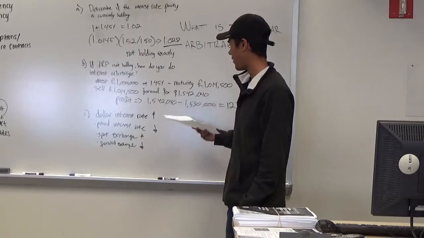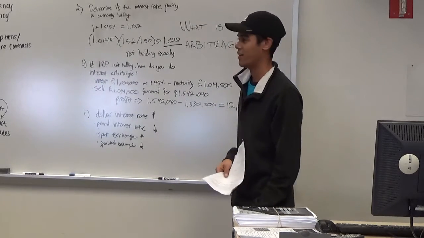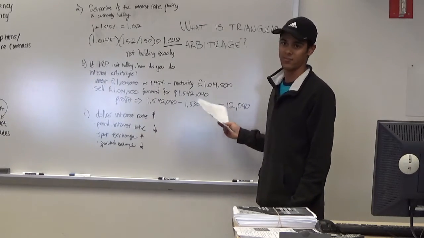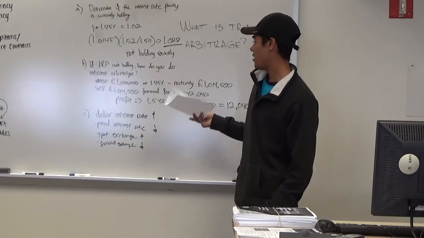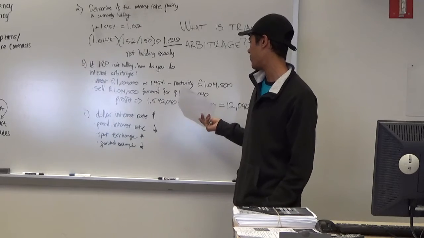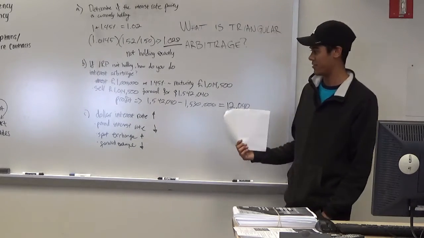So you would buy 1 million pounds at 1.45 interest rate, and once that matures, it would be 1,014,500 pounds. So then you would sell those pounds forward for $1,542, and then the profit would be $12,000.